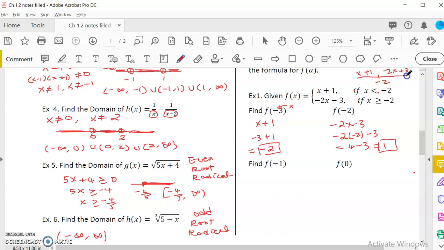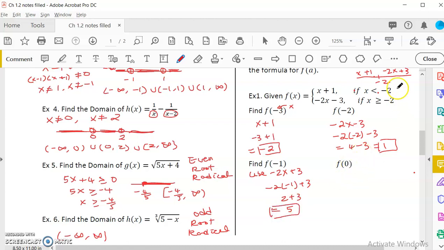Sometimes I draw a number line so I can see. Where is -1? Oh, -1 is actually bigger than -2, it is right here. So I use -2x minus 3. So it's -2 times -1 minus 3. So it's 2 plus 3 equals 5.